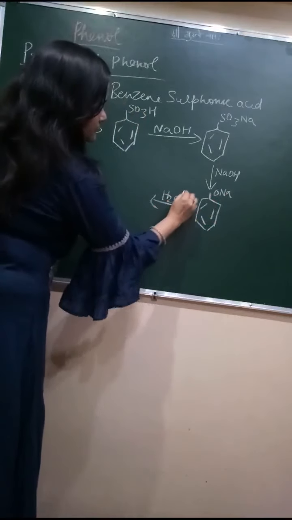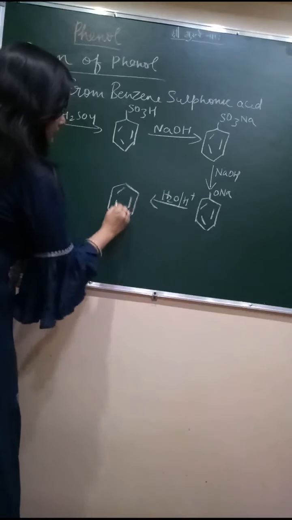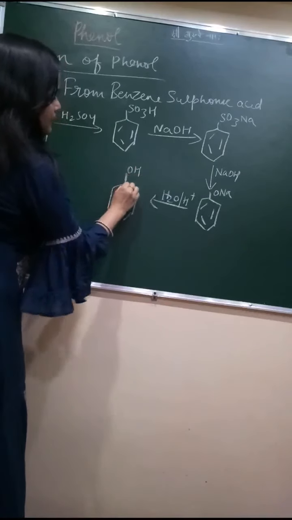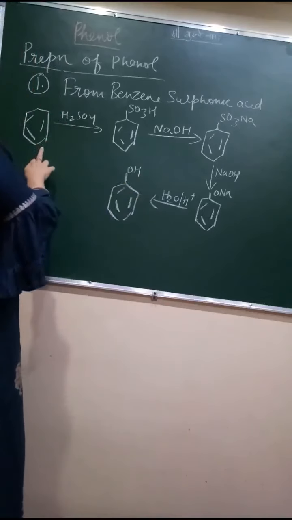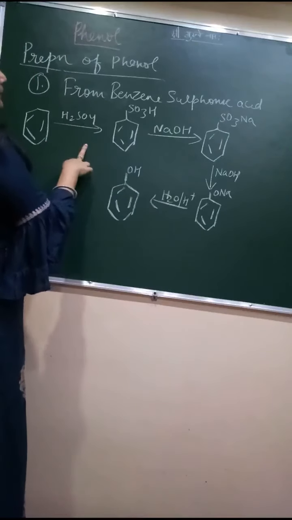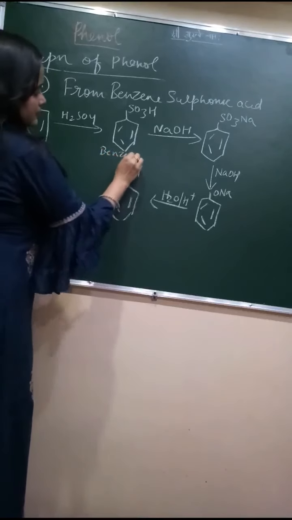hydrolysis subsequently forms phenol. Its mechanism is not important, so we are not doing it. First, benzene, we have taken as the starting material. When it is treated with H2SO4, benzene sulfonic acid is formed.